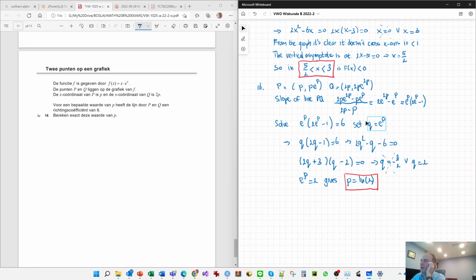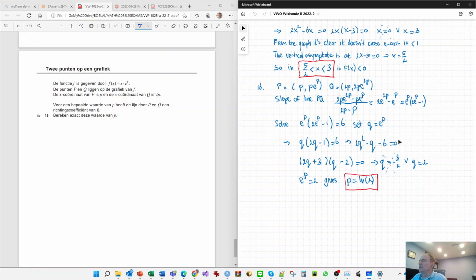So you can just give this a new name, q, and then that will be an equation that you will be familiar with. You get q times (2q minus 1) is equal to 6. These are like the quadratic equations you worked on for many years. So you get 2q squared minus q minus 6 equal to 0.